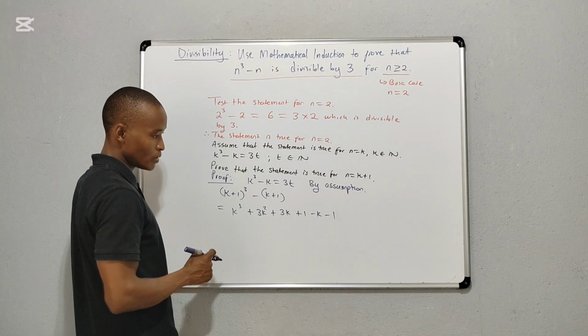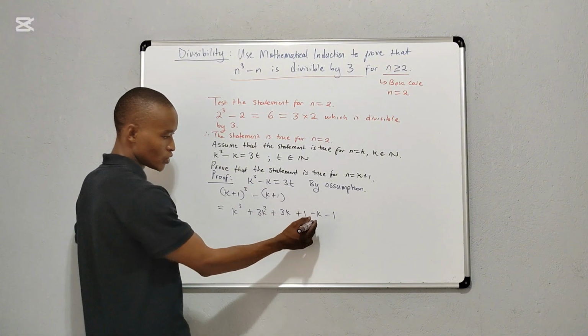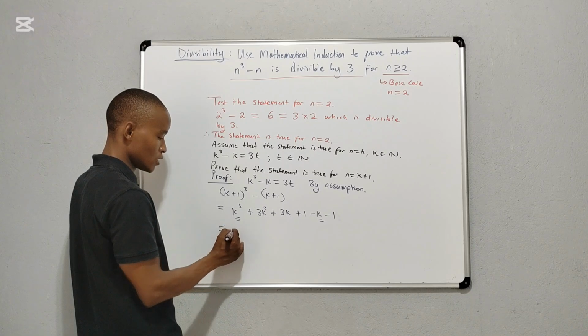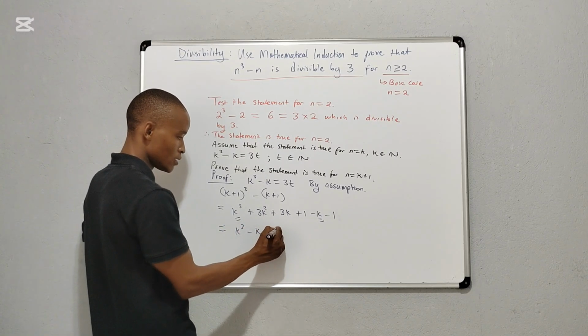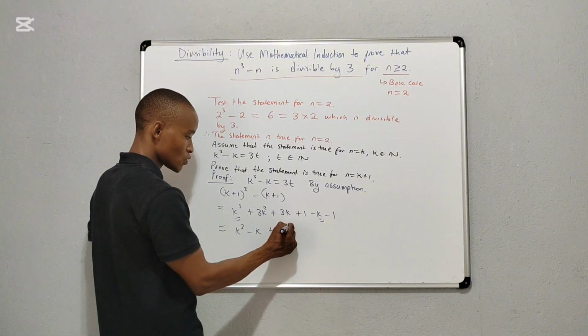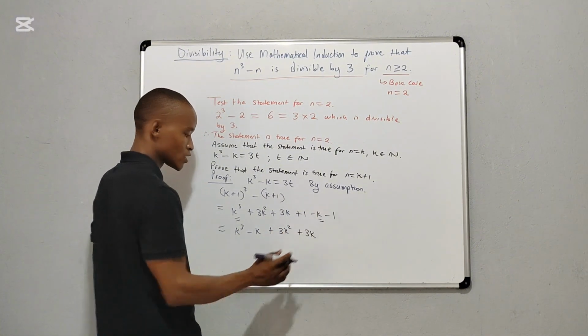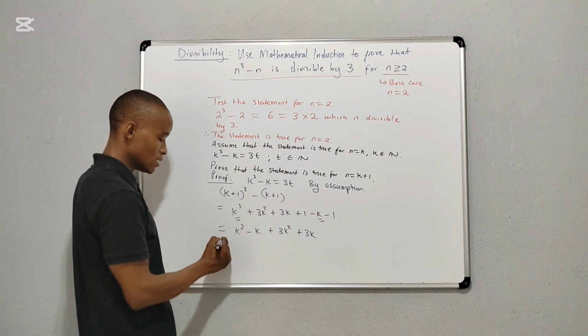And then what then happens? We want to make use of our inductive hypothesis. So we need to group this guy with that guy. So this is equal to k cubed minus k, right, plus 3k squared plus 3k. Well, 1 minus 1 disappears. But this is equal to 3t.